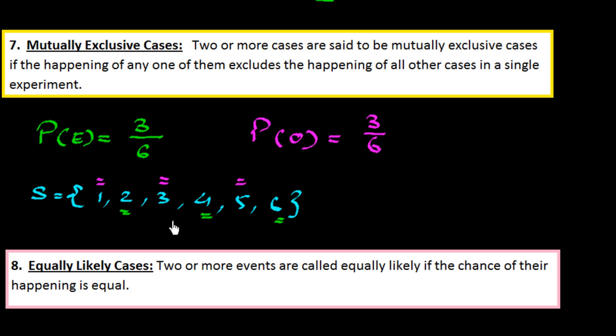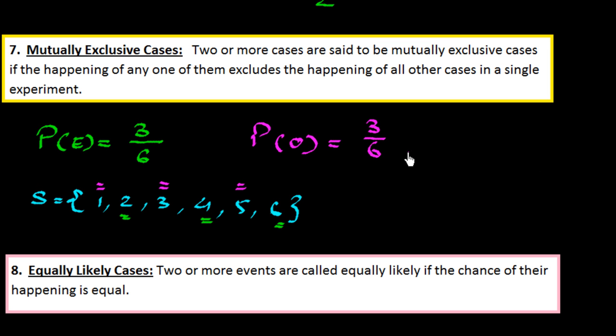So both the cases are mutually exclusive. There is no intersection between both the cases. Two or more cases are said to be mutually exclusive if the happening of any one of them excludes the happening of other cases in a single experiment. Similarly, if we toss a coin, getting the head and the tail are also mutually exclusive cases.